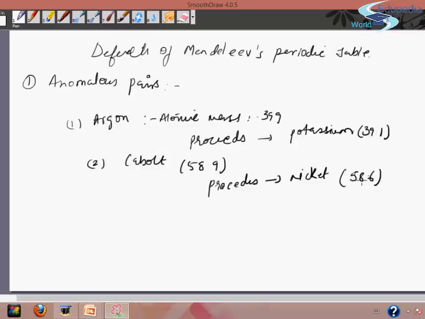That is, the elements did not follow Mendeleev's principle of increasing atomic masses.